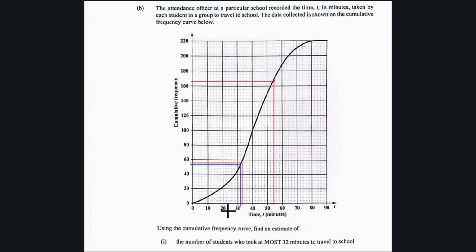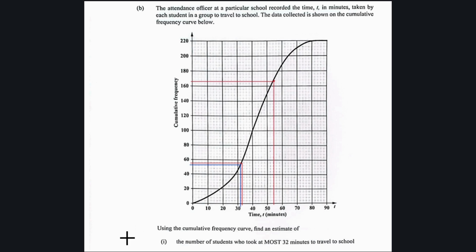Similarly, if you wanted to know how many students arrived in 20 minutes or less, you would go up to the curve from 20 on the x-axis, and then go across to figure out what the frequency is. The value here would be the number of students, because remember, frequency in this case is also students, just a different set of data. It represents how many students arrived in 20 minutes or less.